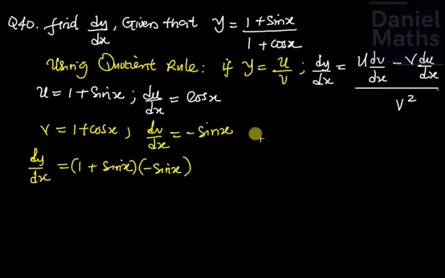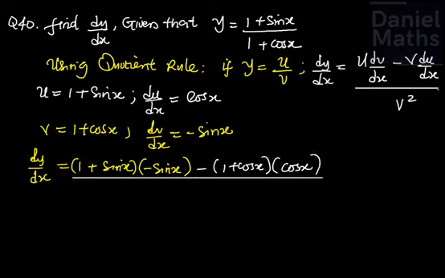And all of this minus v, our v in this equation is 1 plus cos x, all of this times du dx, which is cos x. All of this is being divided by v squared, 1 plus cos x all squared.